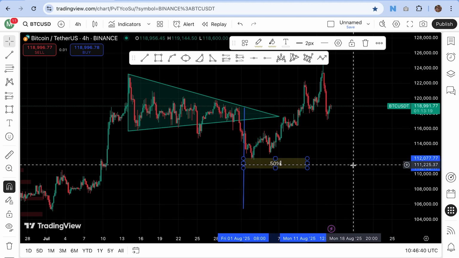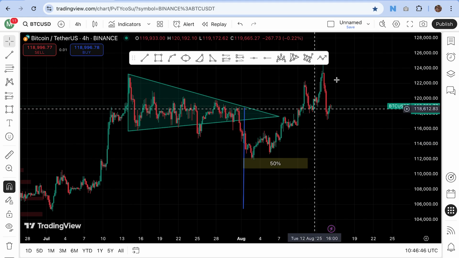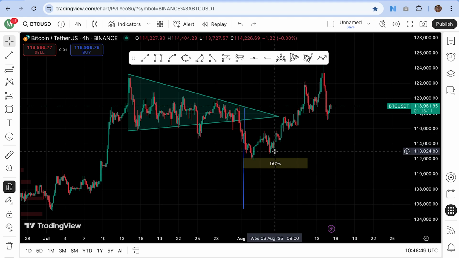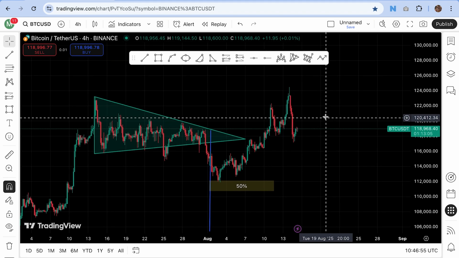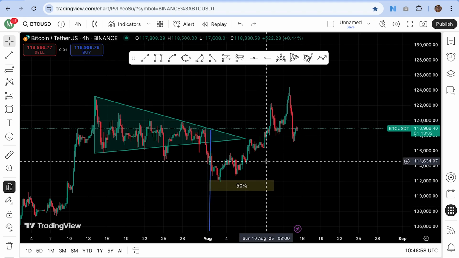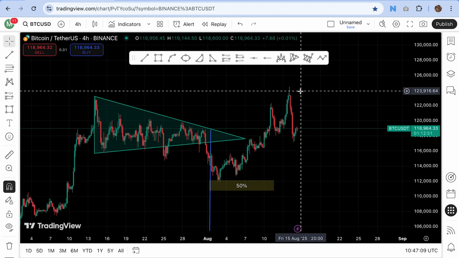From the 50% area, the market went up again. What does it mean when it reverses from the 50% area? It means the trend is still upward. The downtrend hasn't started yet. Because the supply weakened here, momentum came in and we saw an upward move.